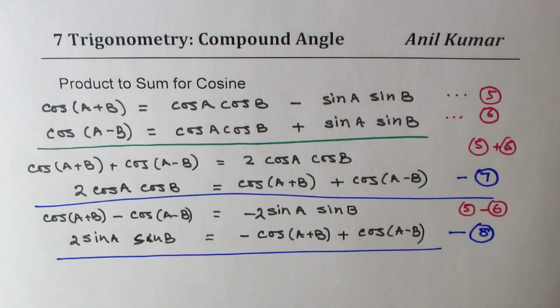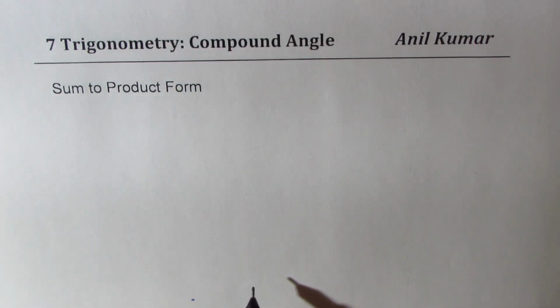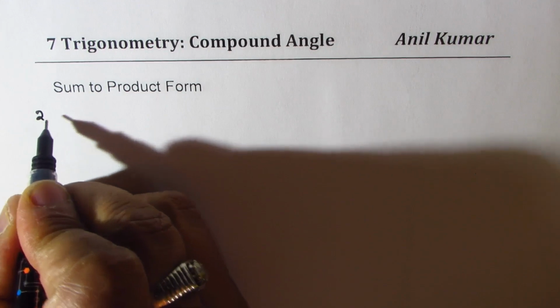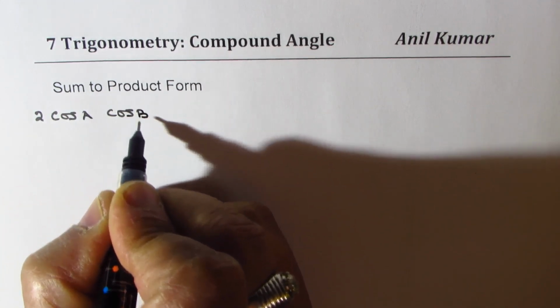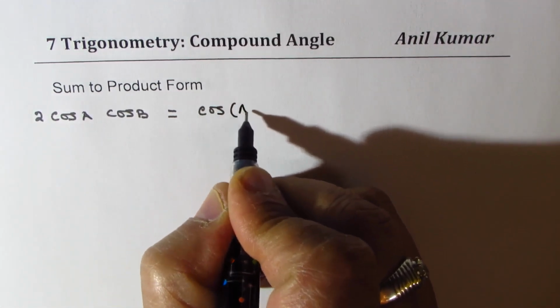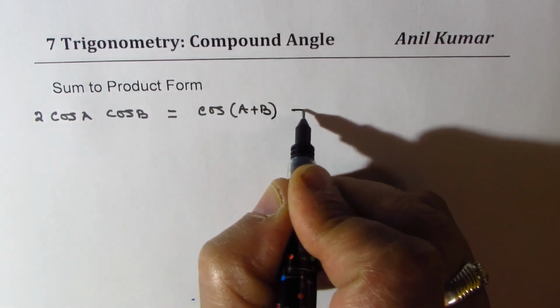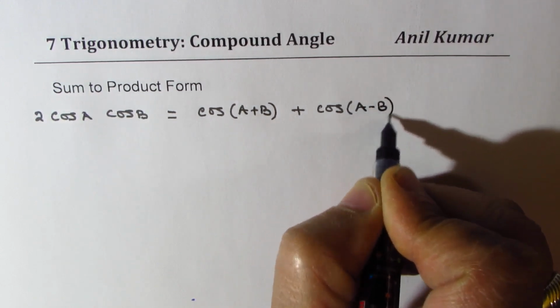So let's move on. Now here we'll use the previous equations which we derived. One was 2 cos A cos B equals the sum cos(A+B) and cos(A-B), right?